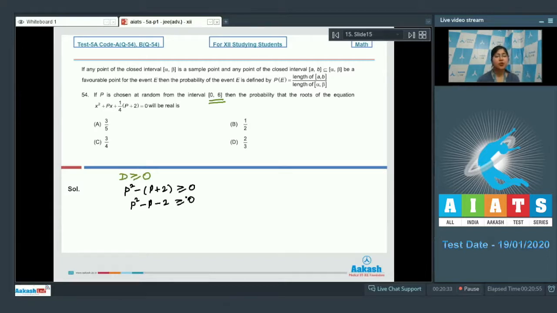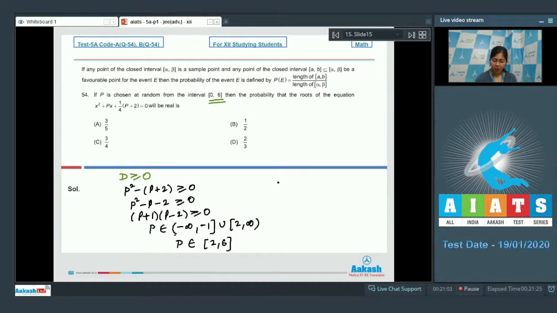We can see that p equal to minus 1 is a root of this equation. So this can be written as (p plus 1)(p minus 2) is greater than or equal to 0, which means p belongs from minus infinity to minus 1 union 2 to infinity. As p can take values from 0 to 6 only, p belongs from 2 to 6.